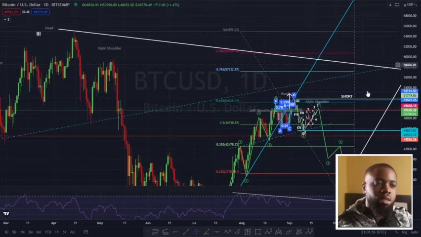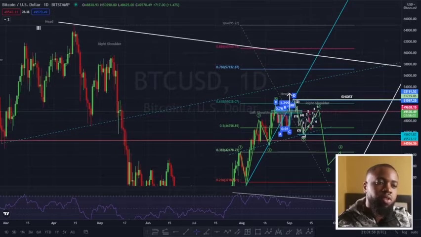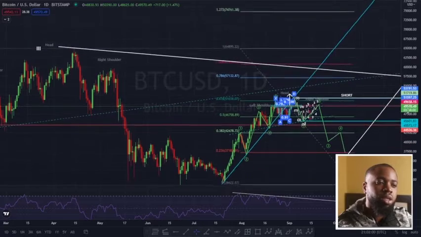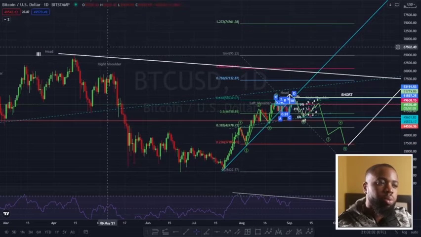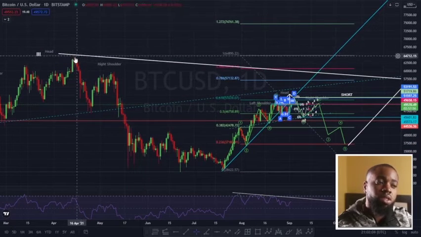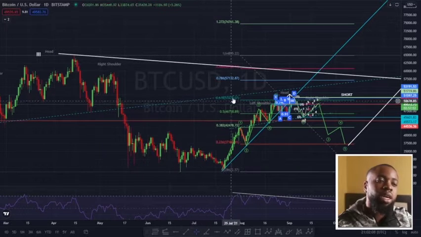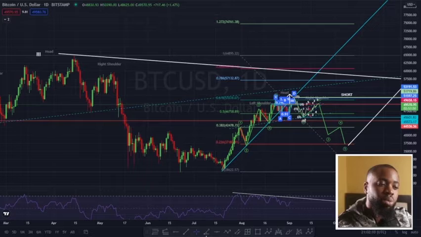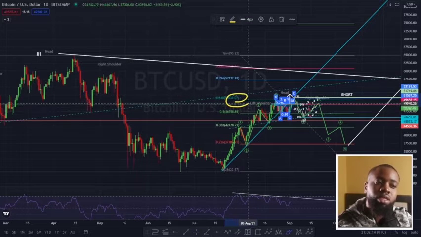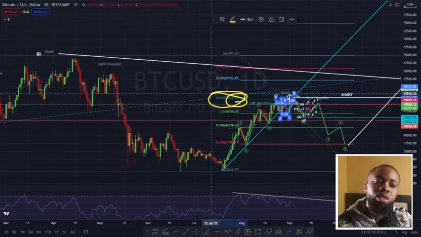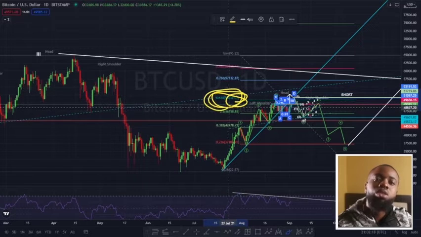All right, so first of all, I drew my Fibonacci. You can see from the top, the beginning of this retracement to the bottom, and right now we're currently running into the 0.618 golden fib level. Now this is where most sellers are going to be looking to short the markets.